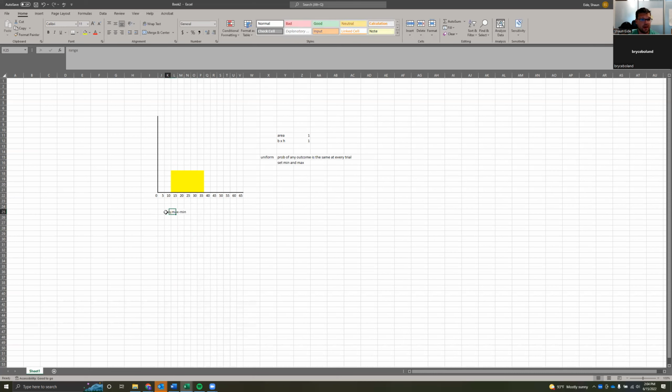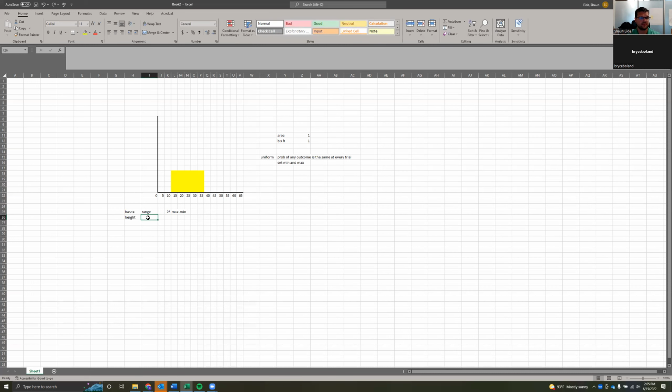That is 35 minus 10, so the range is 25. Now we have the base: the base equals the range, which is 25, and now we need to calculate the height.